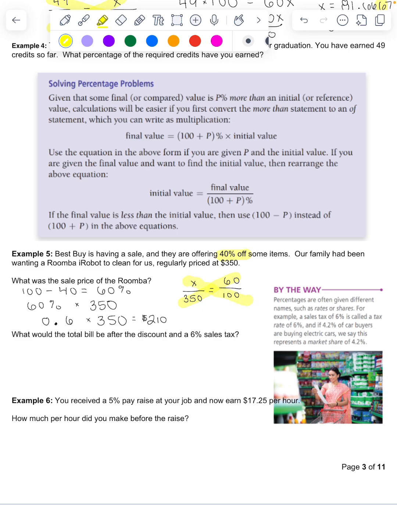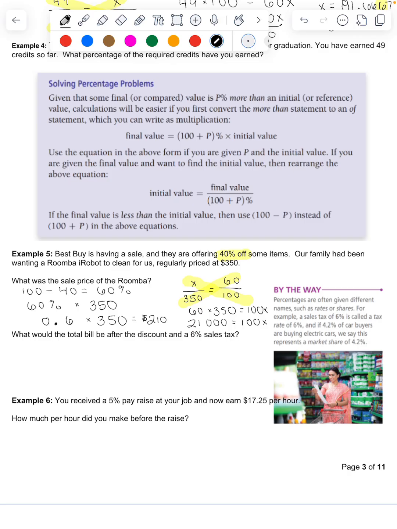Now I cross multiply. 60 times 350 equals 100x. 60 times 350 is 21,000 equals 100x.